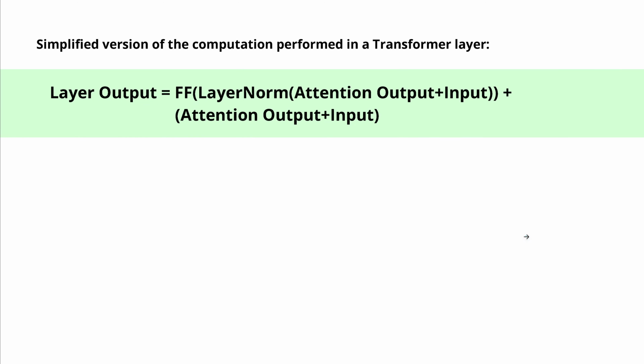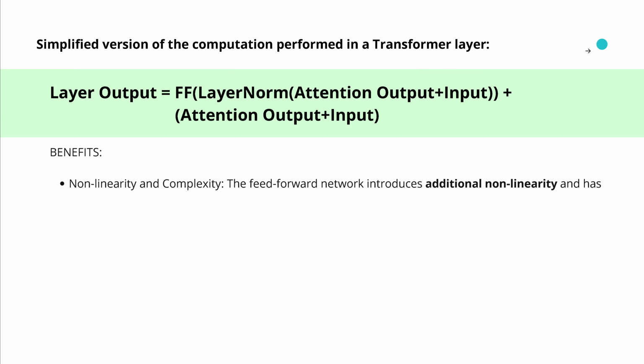Now for my green grasshoppers, the layer output is simple. As I told you, we have the attention, in particular the attention output plus our input, and our feed-forward layer. And of course, we have the normalization of the layer, and again, the attention output plus the input.